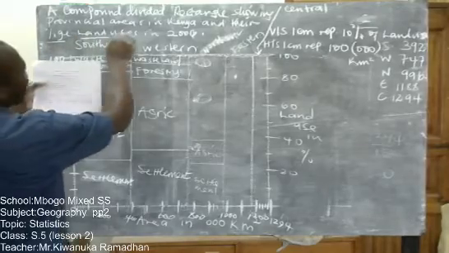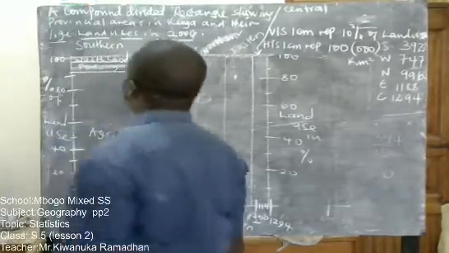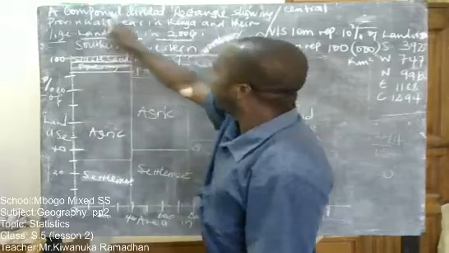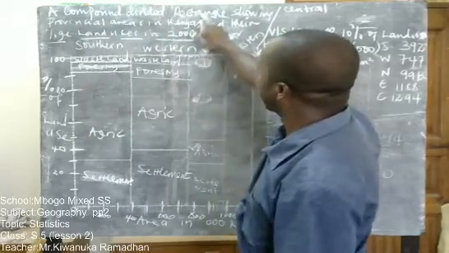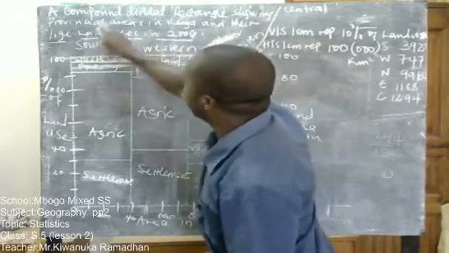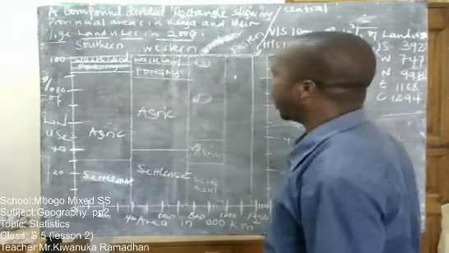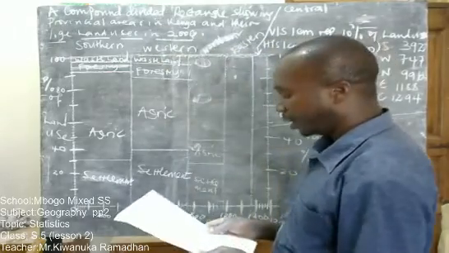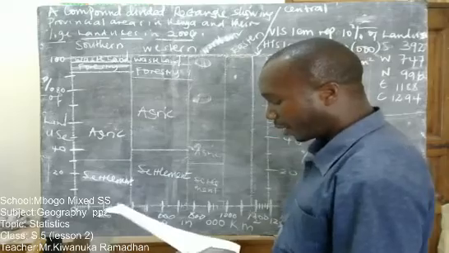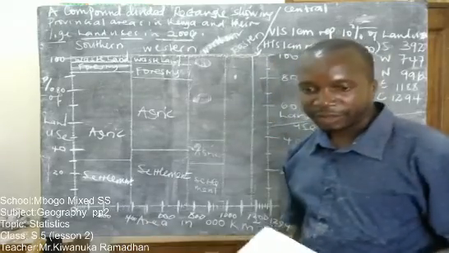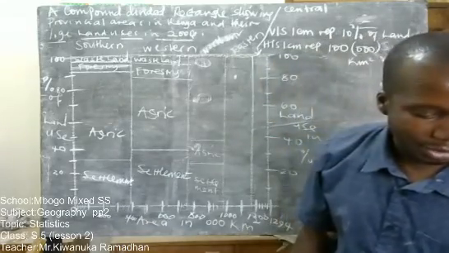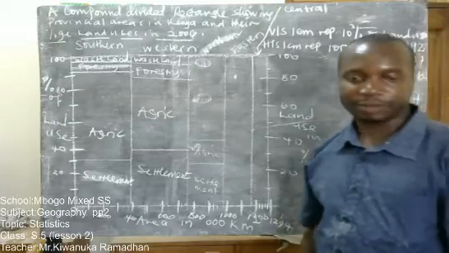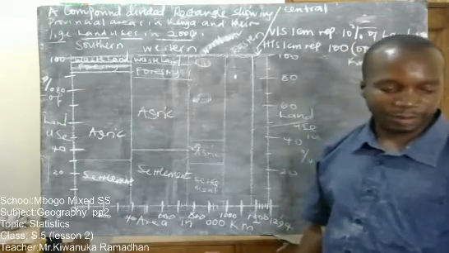Because we have written it in small letters, then we underline. A compound divided rectangle showing provincial areas in Kenya and their land uses in percentages in 2006. These other questions that come thereafter, you can work out.